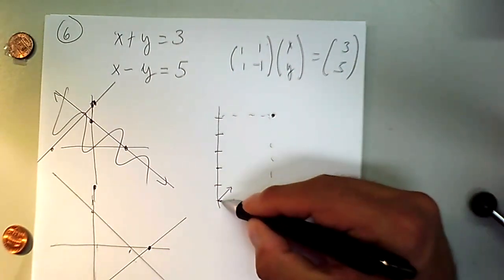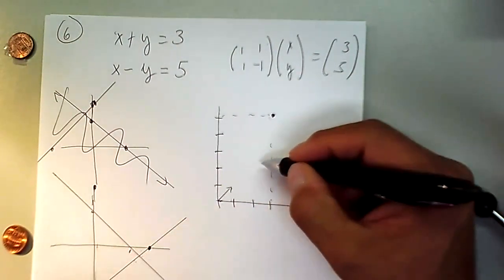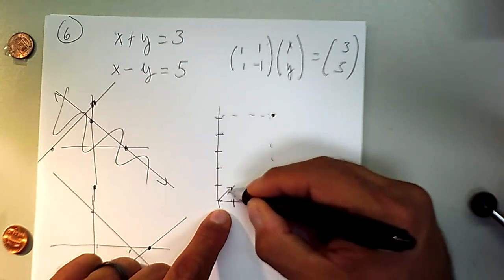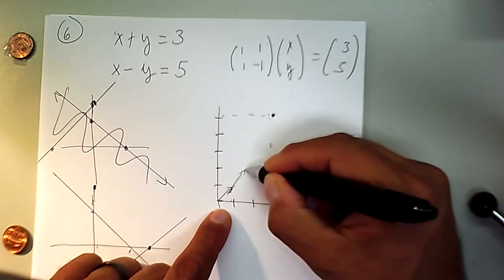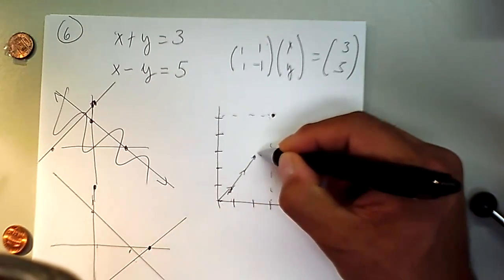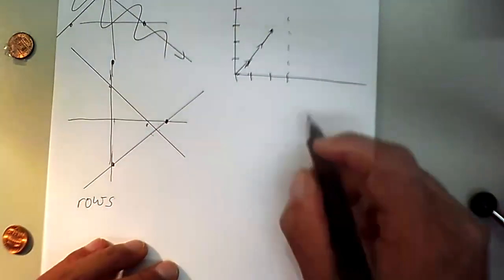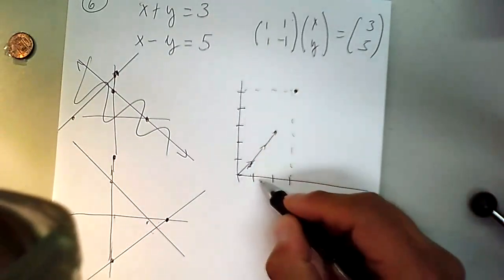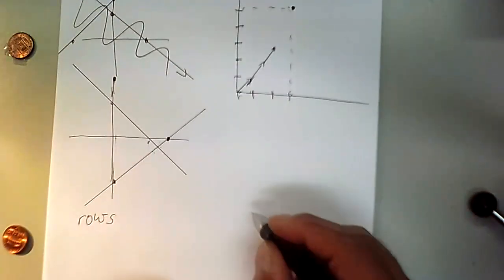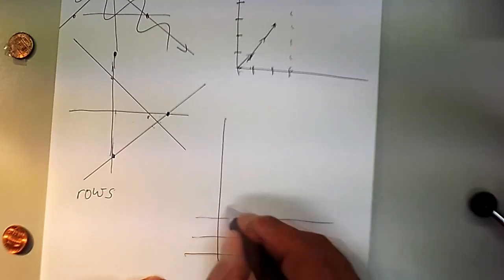I have to draw a better quality picture, because if I was going 3, I would have to go farther this way. I'm going to draw a little bit of a grid. That's probably going to help for the units.